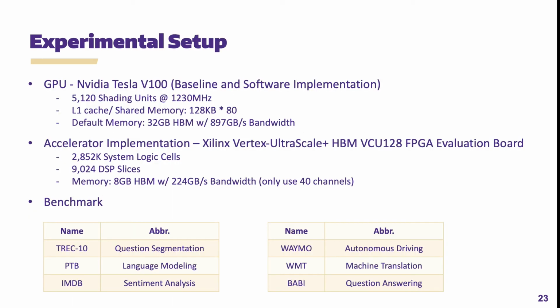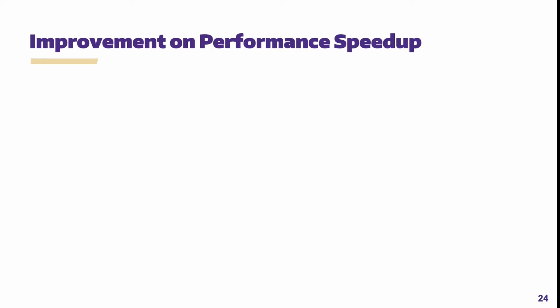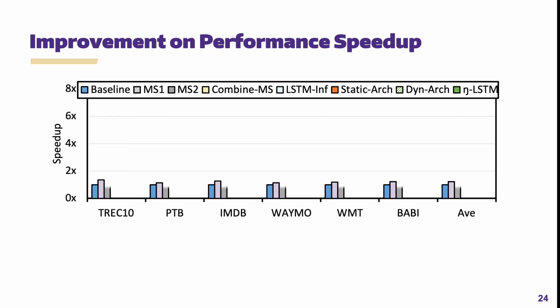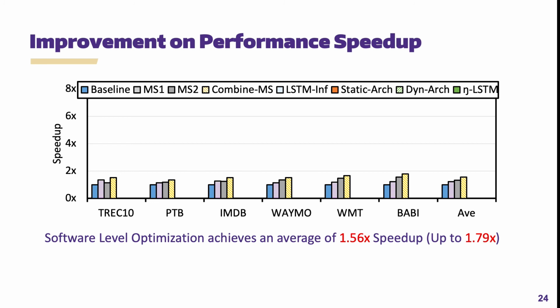We use the latest GPU as the baseline case and the pure software implementation. Our hardware design was performed on the Xilinx VCU128 FPGA board, and we evaluated six of the most popular LSTM benchmarks. This figure shows the effectiveness of our optimizations on LSTM training. We observed that our software optimization can achieve on average 1.56 times and up to 1.79 times speedup on the GPU.